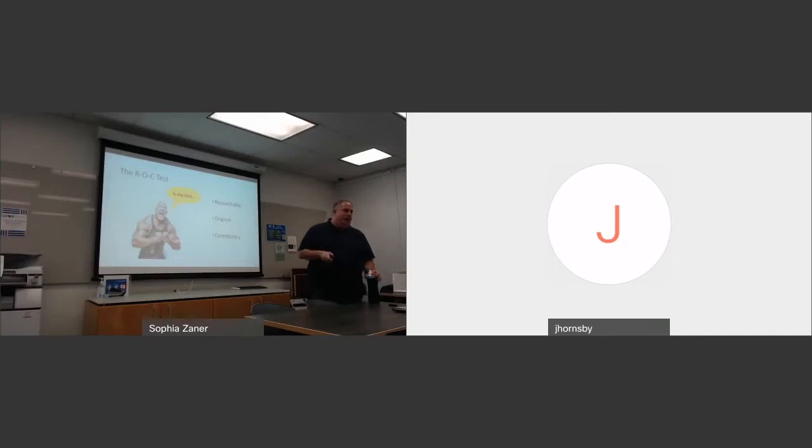So then you want to make sure that your problem statements pass the rock test. So as you're looking at your idea, is it researchable? Is there something you can do about this? The rest of your study, you have to outline a plan of how you can collect data, analyze that data, and report on it.